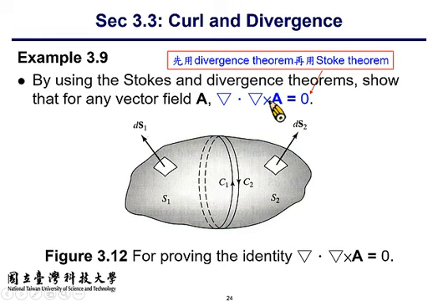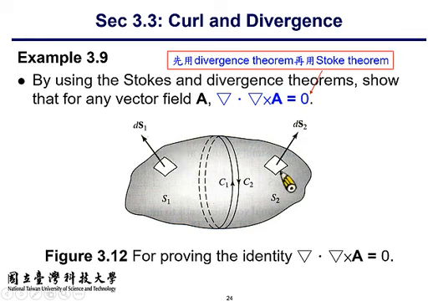So suppose we have an egg-like space, and you divide the closed surface of this egg into two halves. So you have surface S1, the left shell of the egg, and S2 is the right one. And now they share a common edge, which is referred to as C1 and C2 for the two halves of the eggshell.